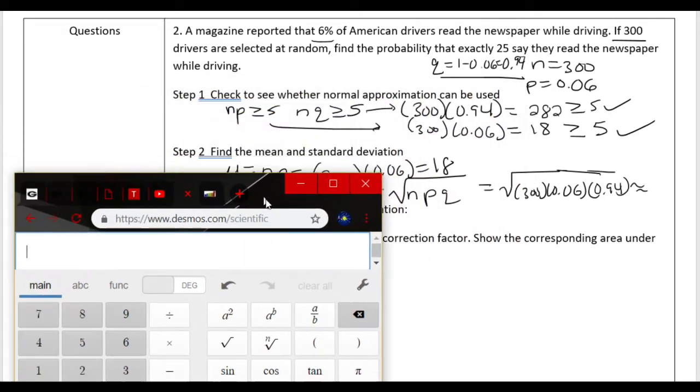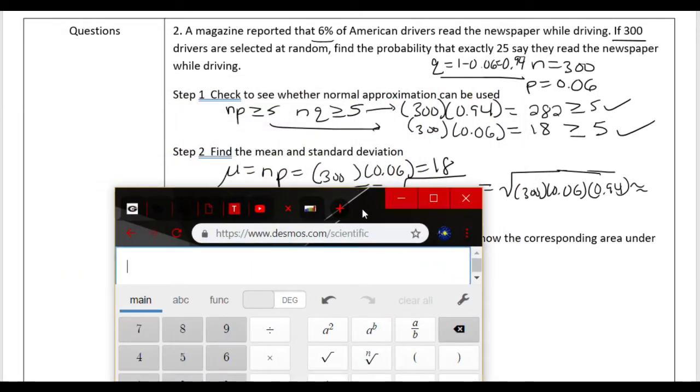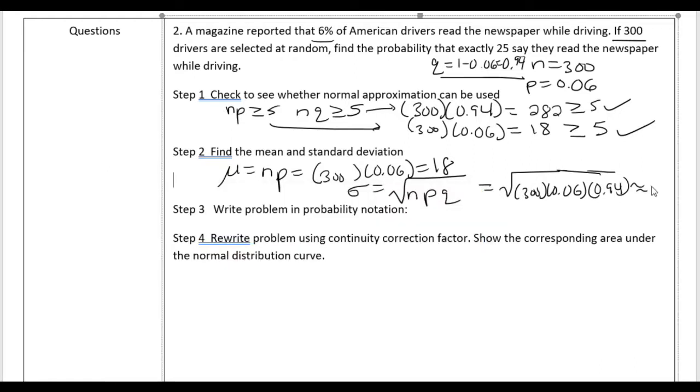All right, so that's 300. Let's do the square root. So 4.11, just about. All right, so that's our standard deviation.